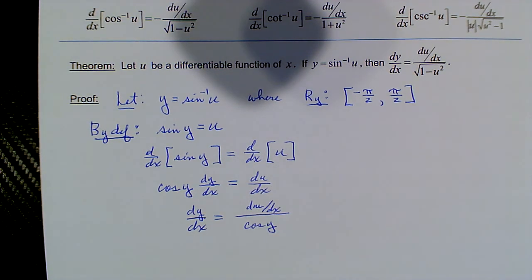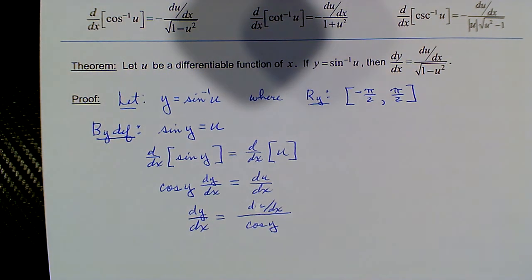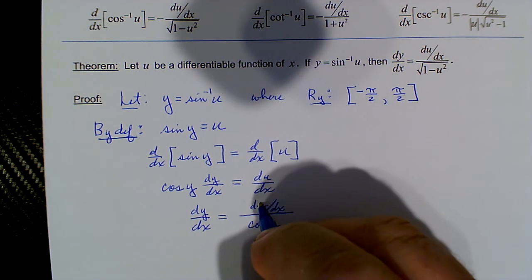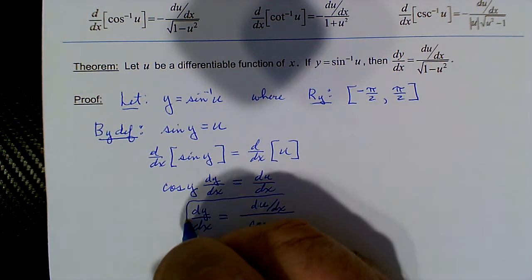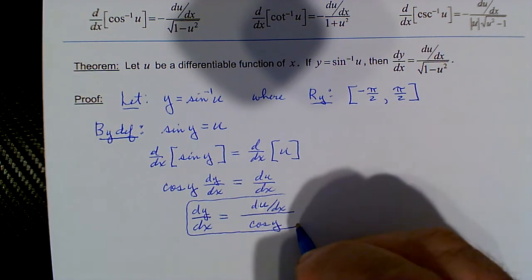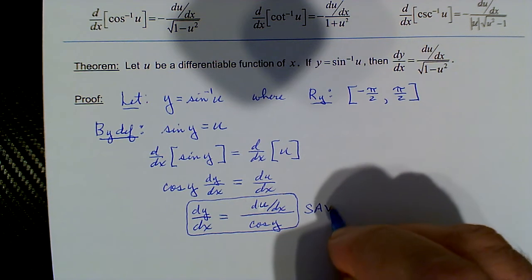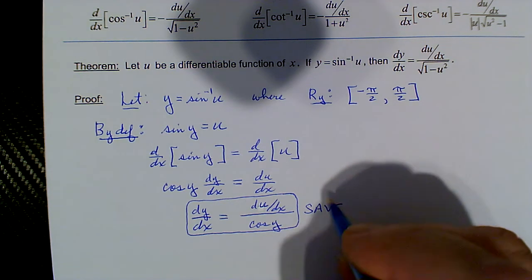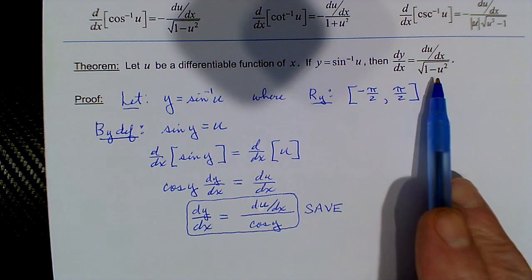And at that point, excuse me, what I'm going to do is I'm going to save this. I'm going to box it off, and I'm going to write the word save, because we're going to come back to it. Because if you look at what we're trying to prove, we're trying to prove that the derivative of y with respect to x is equal to du dx over the square root of 1 minus u squared.